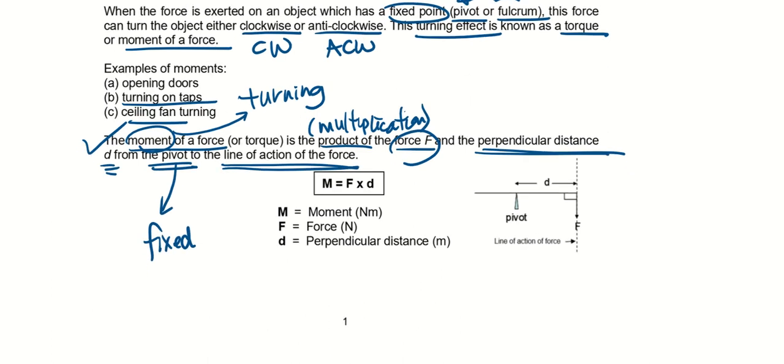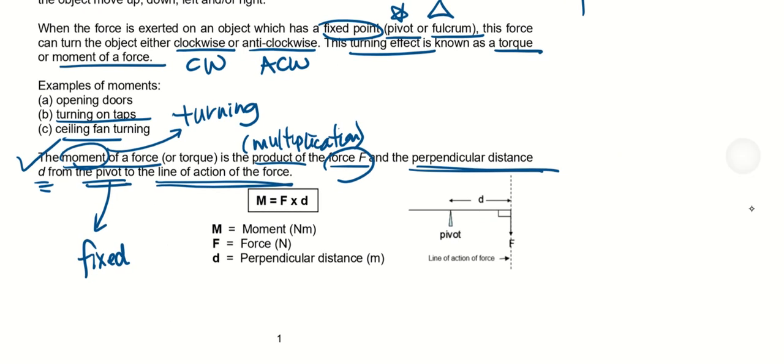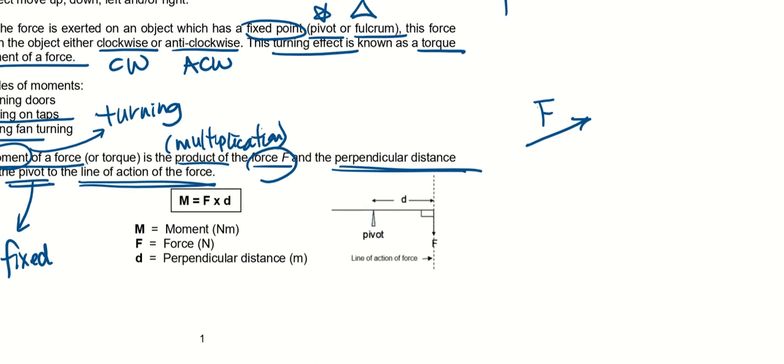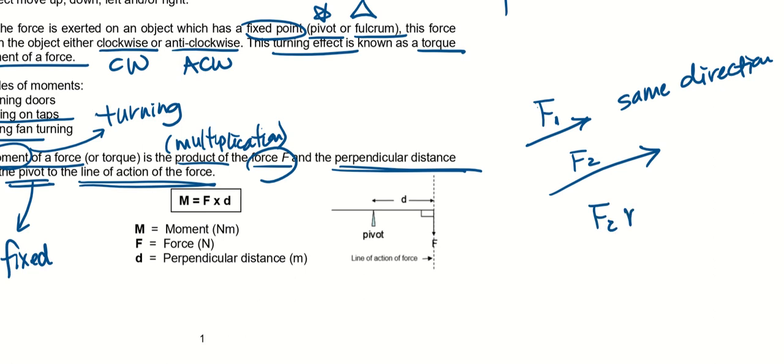Maybe I'll explain what the line of action of the force is. We commonly use an arrow to show the direction of the force. If I have another force, let's call this F1 and this F2, you will see that F1 and F2 are in the same direction. But F2 has a longer arrow, so F2's magnitude is larger than F1's.